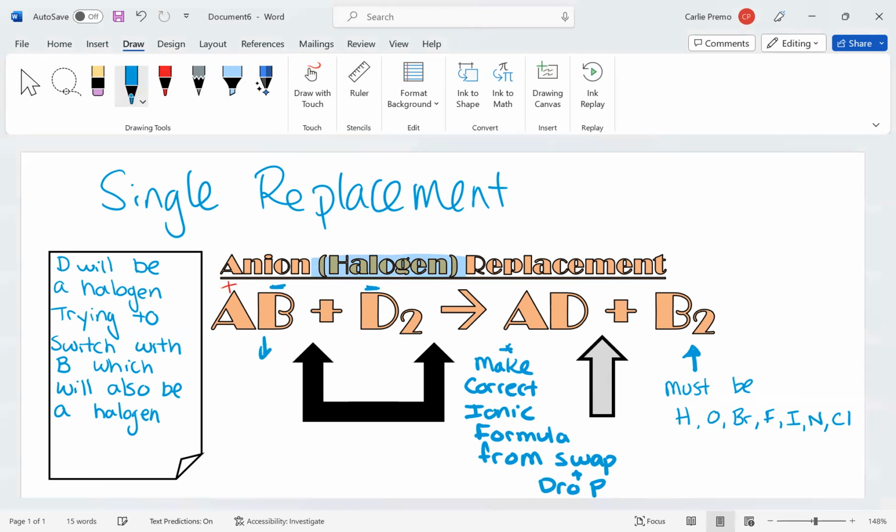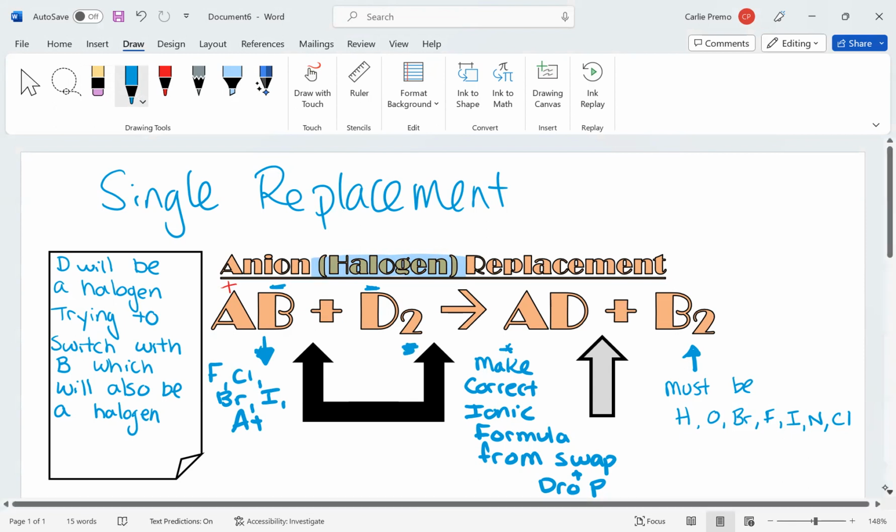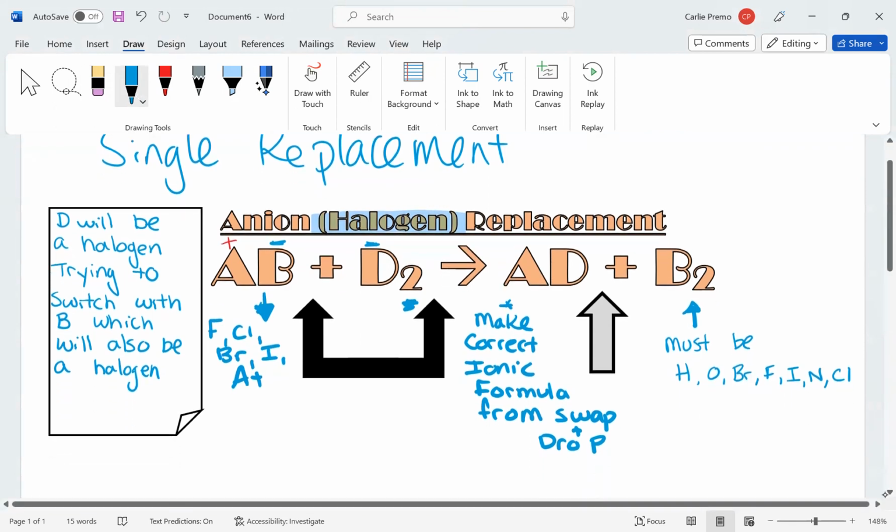So one of these halogens will be in the formula, your compound for B. So you'll either have fluorine, chlorine, bromine, iodine, or astatine. And then D will also be one of those, but because it's alone, it will be in the diatomic form, which is Hoerfinkel.